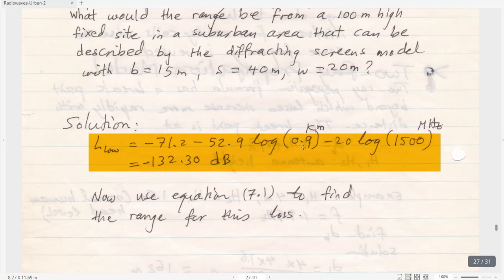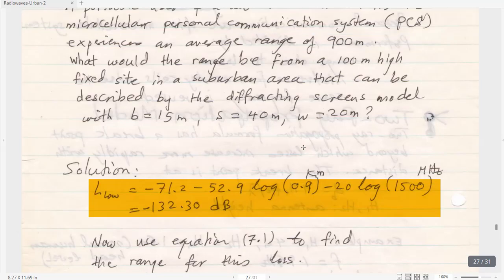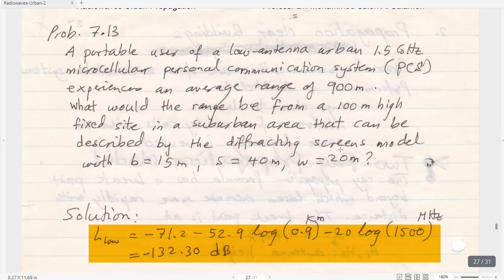If you put the distance, the distance is 900 meter, which is 0.9, because we have to put this in kilometer, 0.9 kilometer, and the frequency is 1.5 giga, which is 1500 mega.